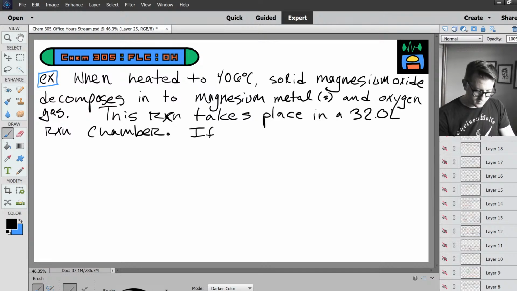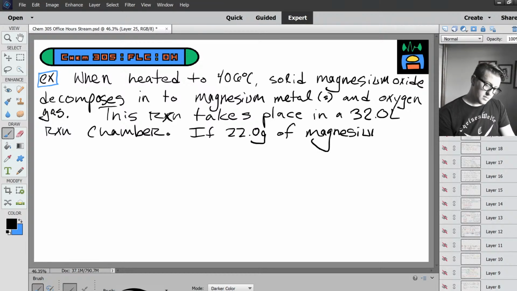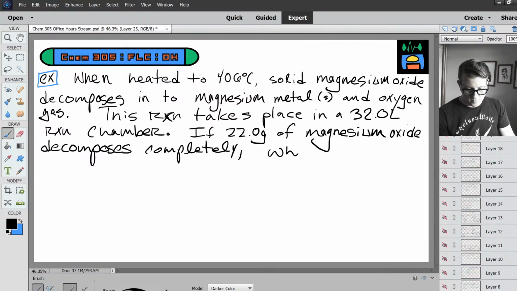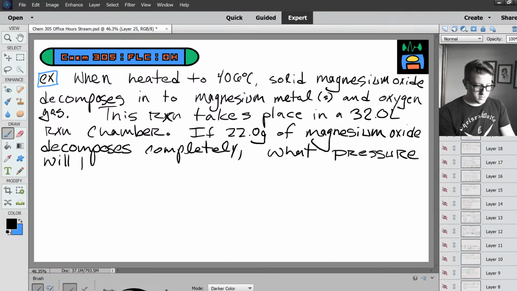If 22.0 grams of magnesium oxide decomposes completely, what pressure will the produced gas have?